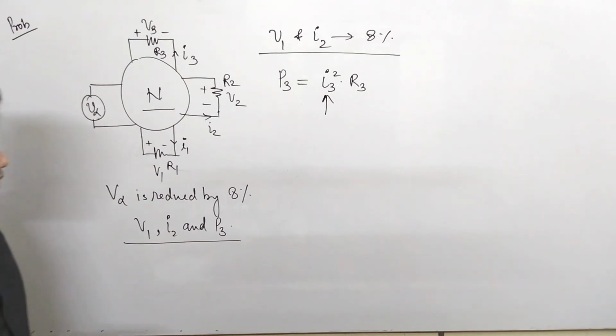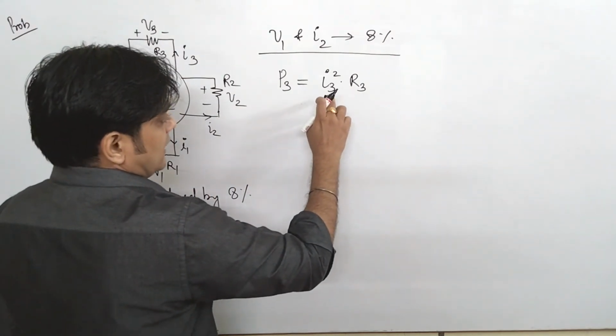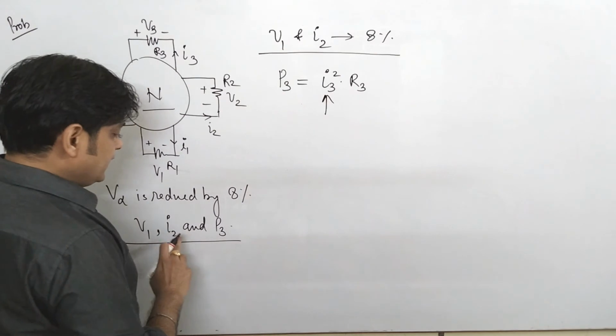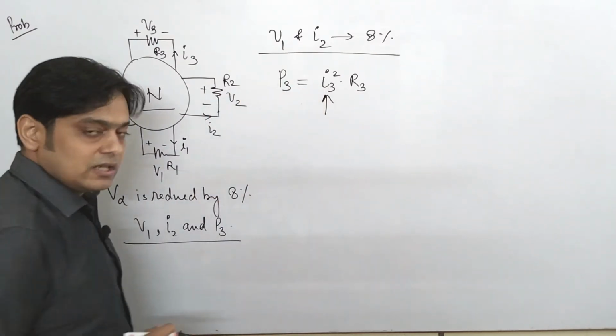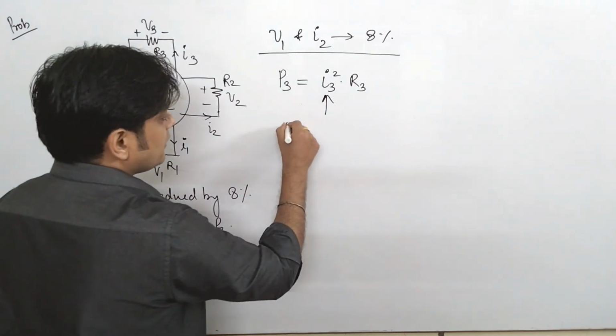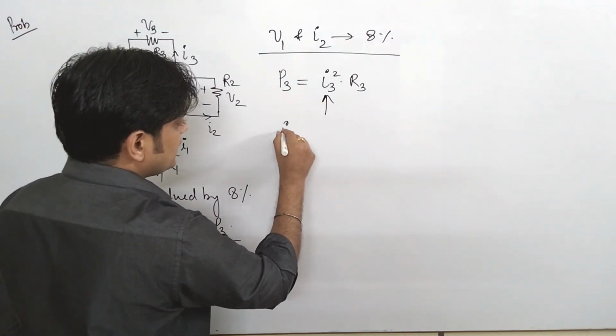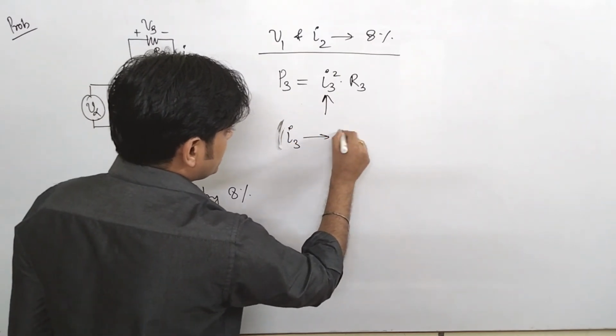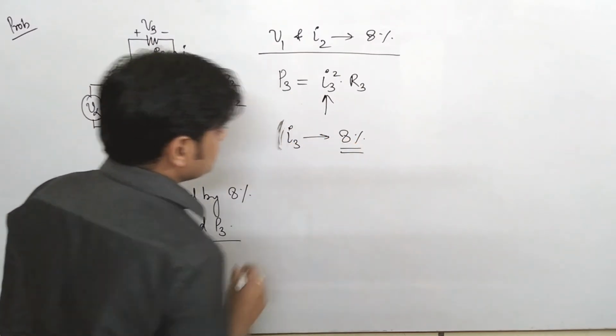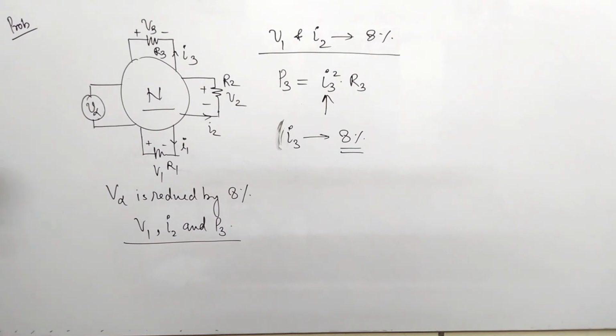When V alpha is reduced, V1 and I2 are reduced, so definitely I3 also gets reduced. Your current I3 will also get reduced by 8%.